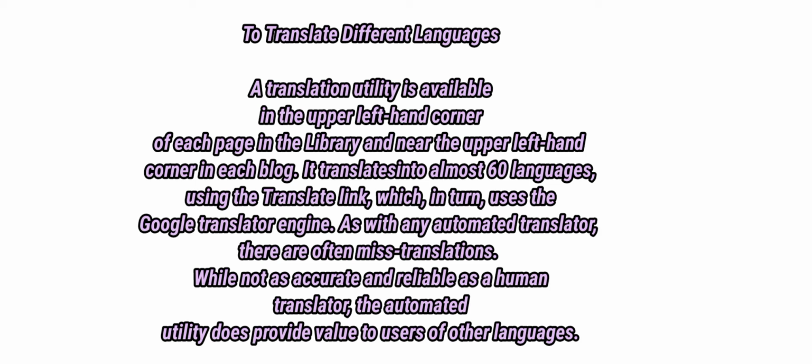As with any automated translators, there are often mistranslations, while not as accurate and reliable as a human translator. The automatic utility does provide value to users of the other languages.